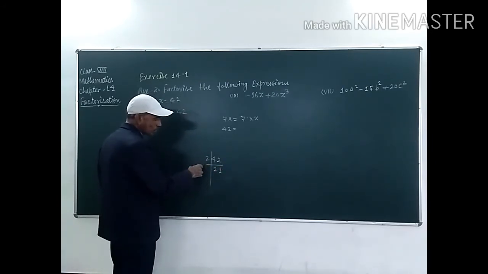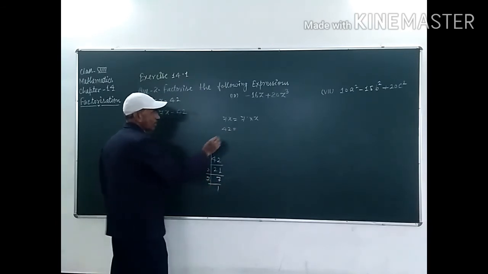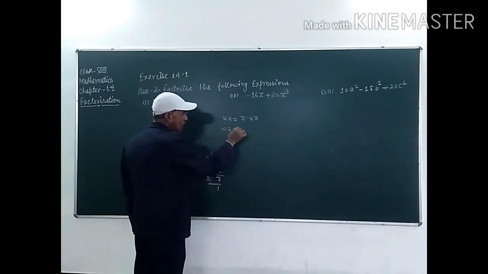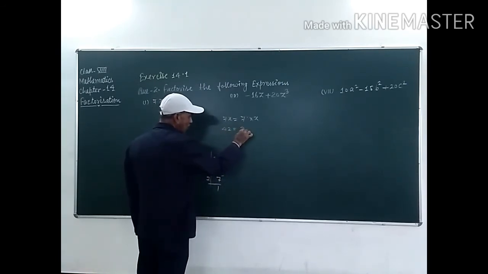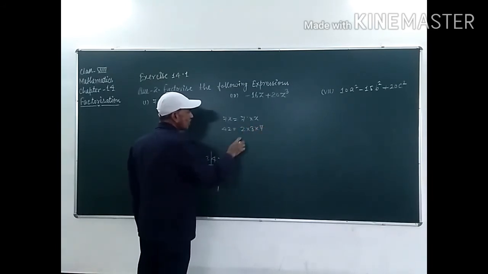Now we have to use another prime number, that is 3, and 3 sevens are 21. Now 7 ones are 7. These all are prime numbers, students. So prime factors of 42 are 2 into 3 into 7. So 2 threes are 6, 6 sevens are 42.